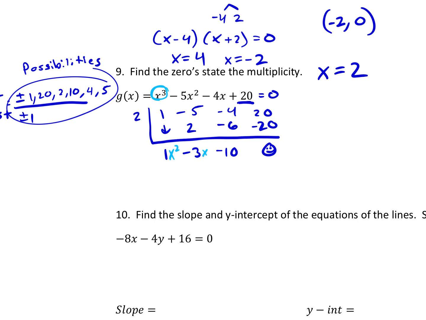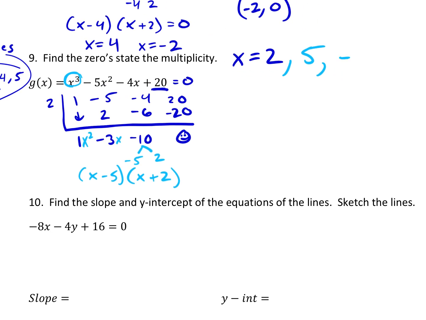From here, we could factor if we wanted to. You could still do last over first, but then you're trying out what works, what doesn't work. It's just going to be easier to factor. So 2 factors of negative 10 that add to negative 3 would be negative 5 and 2. So x minus 5 and x plus 2. So on our list, we have 5 and negative 2.